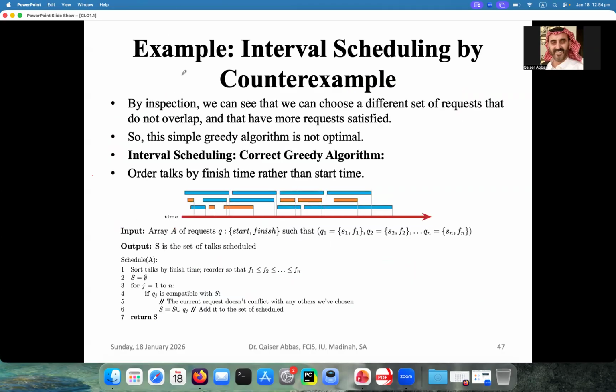Now, if we modify our algorithm according to the finish time, not the starting time, then you will see that it will be optimal.